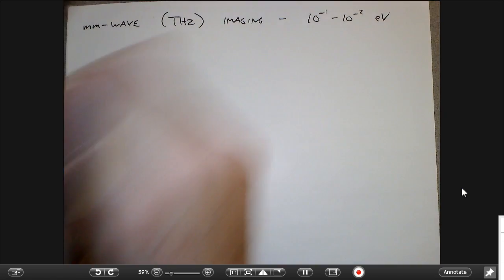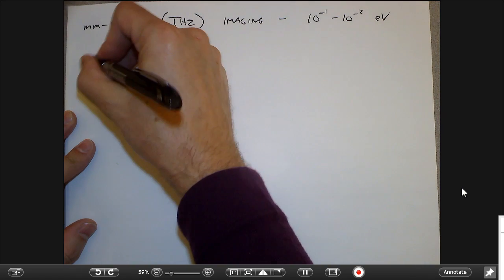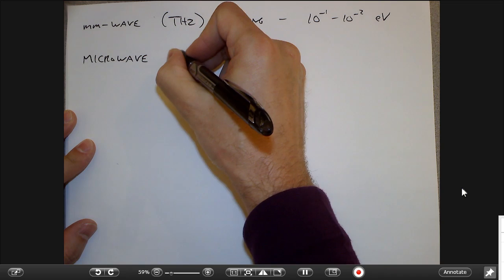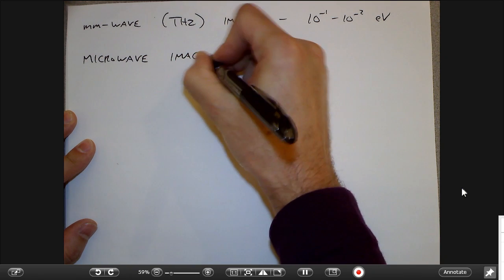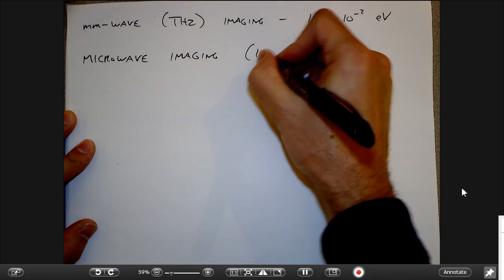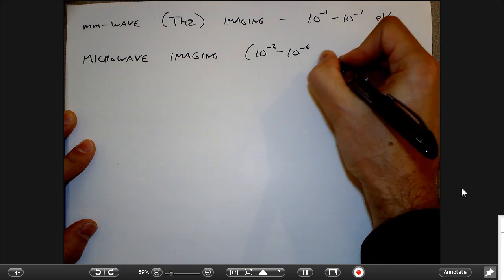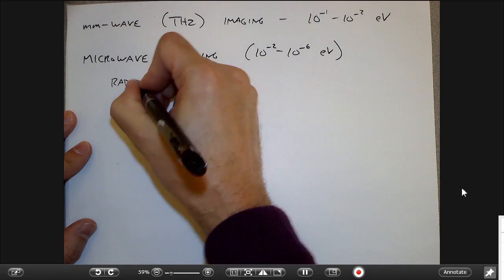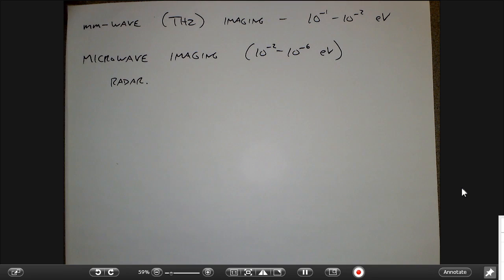Below that is microwave imaging. So you go from millimeter to micro, and that's where you get into stuff like radar. Here's a case where there's not so much of an image per se.